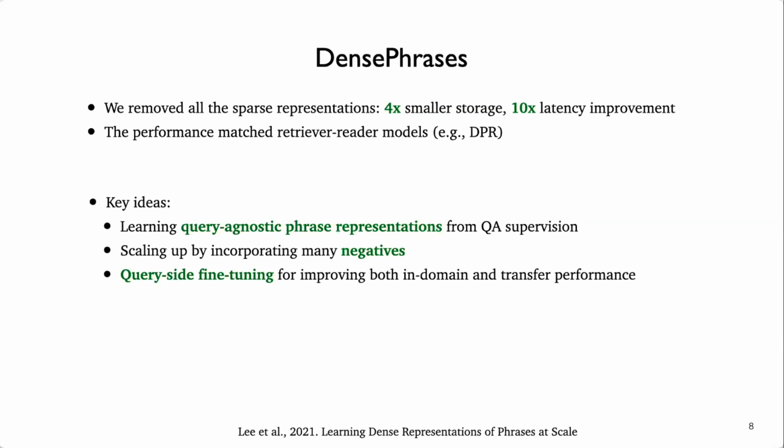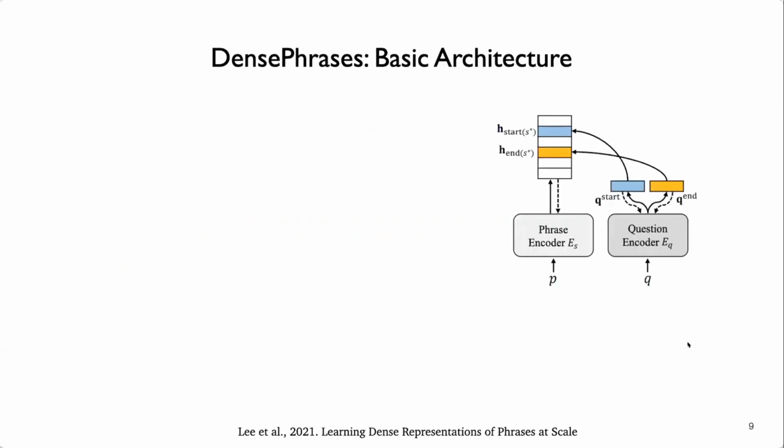To do this, we need to consider incorporating many different types of negatives. And finally, we also propose a strategy called query-side fine-tuning. We found that this strategy can improve in-domain performance and also support transfer learning in this paradigm. Next, let me go through all these ideas in detail.